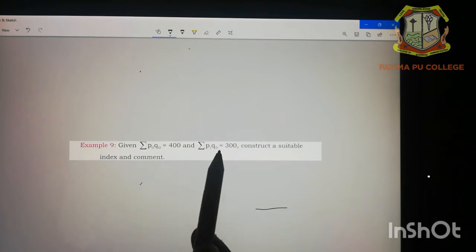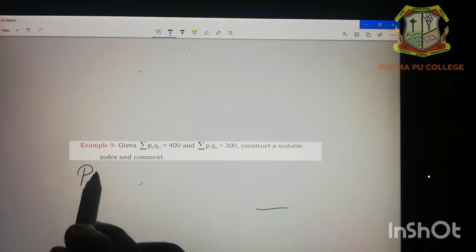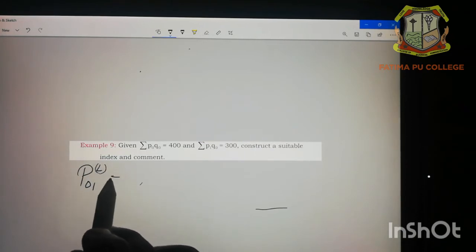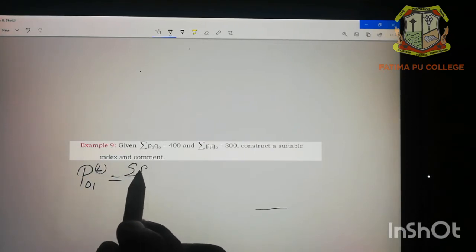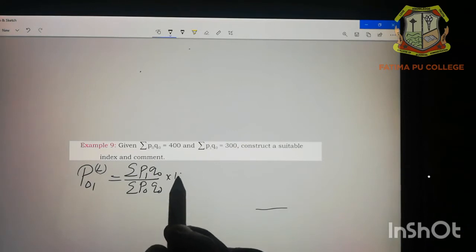That means they have used base year quantities as weights. So which is the index number which has the base year quantities as weights? It must be Laspeyres' index number, only Laspeyres' index number.